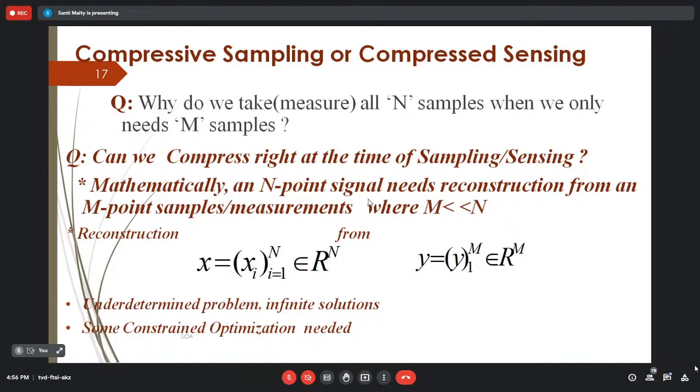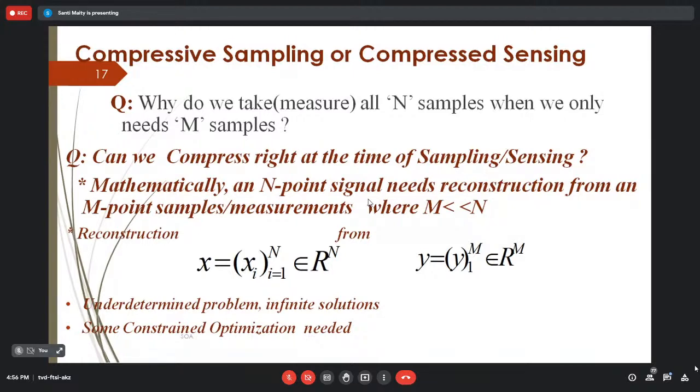Here also, when you make an attempt to go from m-point data back to n-point data, you could have theoretically an infinite number of results. In other words, you have a smaller number of linear equations than the number of variables, and you have a large number of solutions. Out of that many solutions, you define a target or application and choose the best one for your application to meet. So it's some form of constrained optimization that needs to be solved.